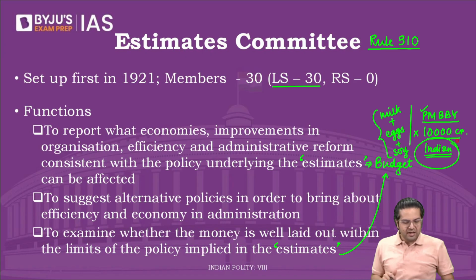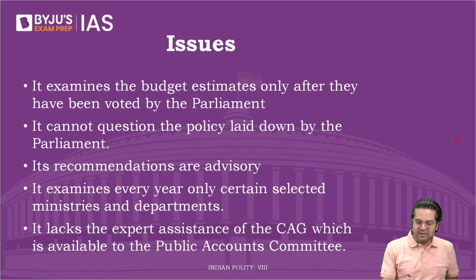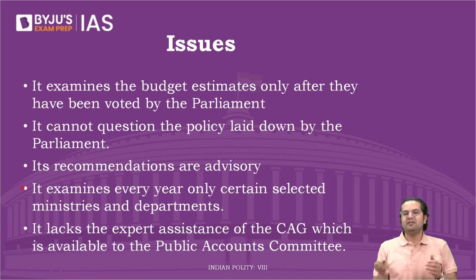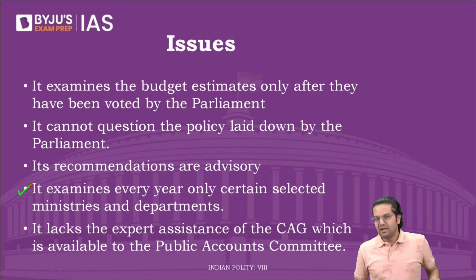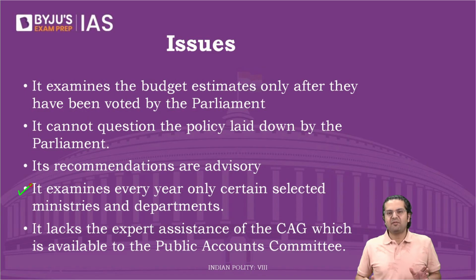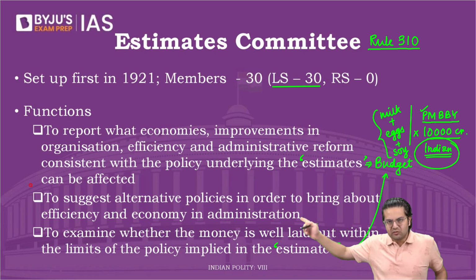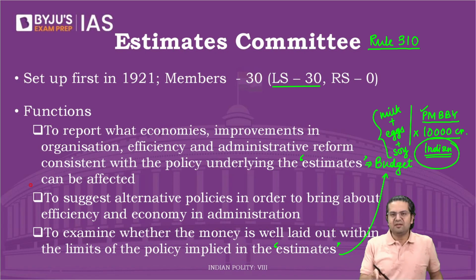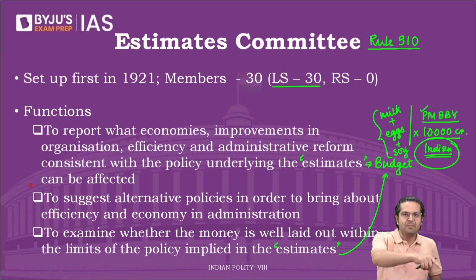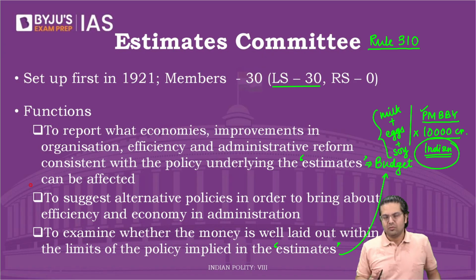The big limitation of this Estimates Committee is that it can only examine every year certain selected ministries and departments. That's the biggest problem with this committee, that it cannot evaluate the performance of all the departments and keep on giving them suggestions, because after all, this committee comprises of MPs. Those MPs have a task towards their constituency also. These MPs have an obligation to work in the parliament and question the government also, right?